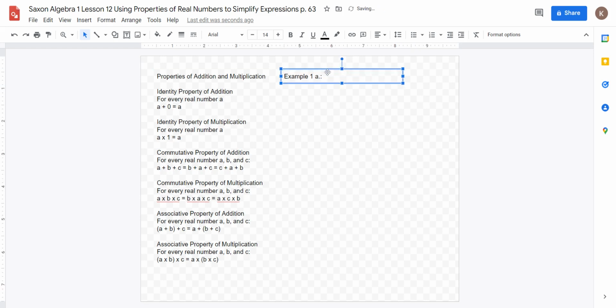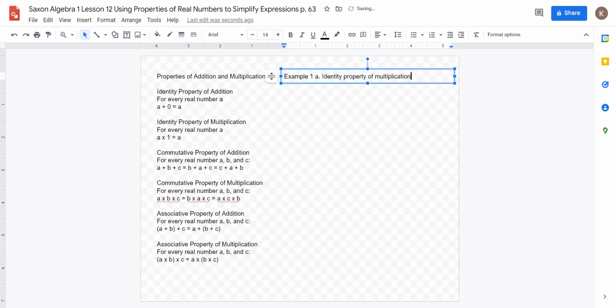So for example 1A, you see 1 times 8 equals 8. Which property is that? Well, that one has to be the identity property because it's showing you that it's the same number, and it's of multiplication. All right, the identity property of multiplication.